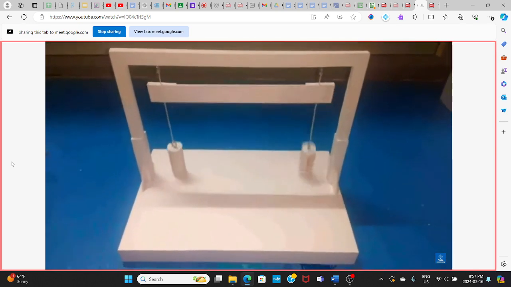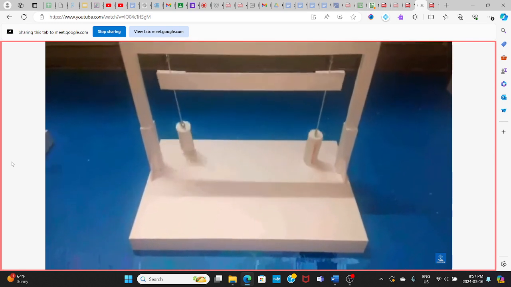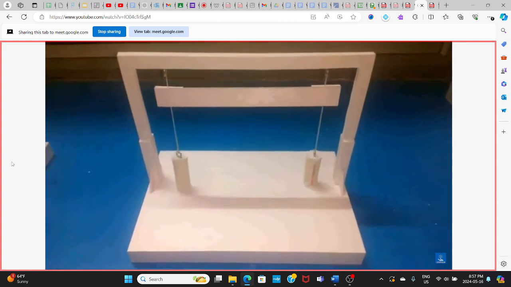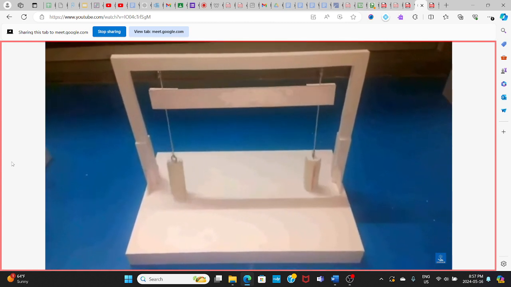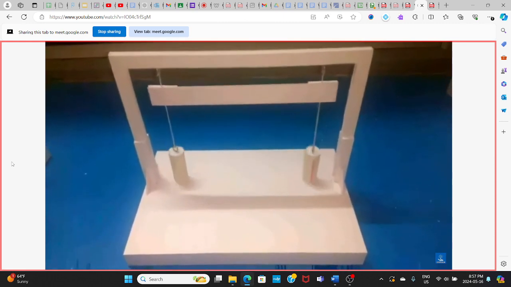By that we can understand that motion is always trying to synchronize with the other object.